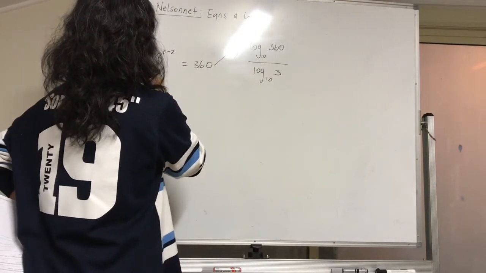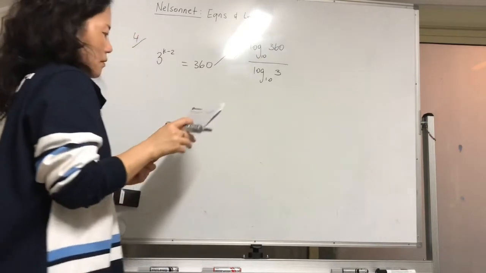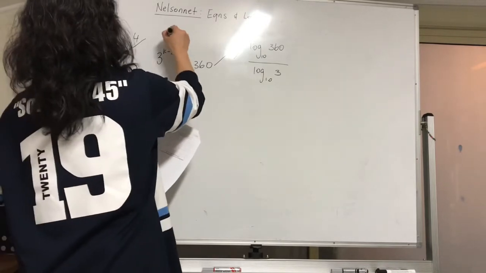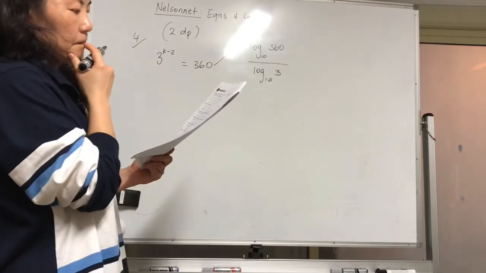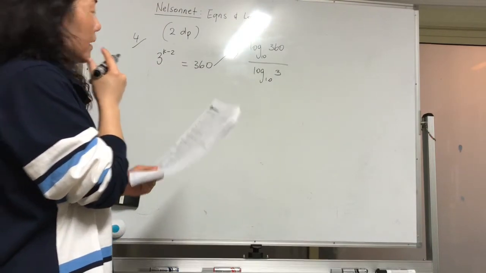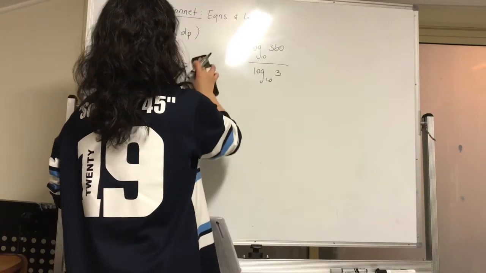So if it doesn't work, how can we do this? Oh, corrected to 2 decimal places. Well, 3 to the power of something equals 360. Okay, so let's do that.